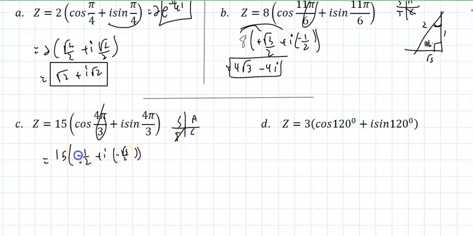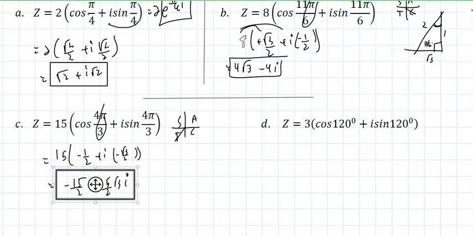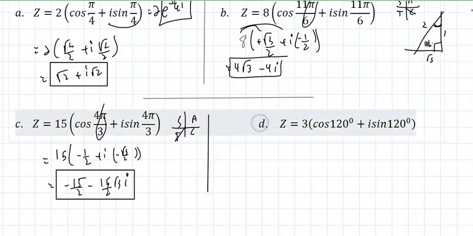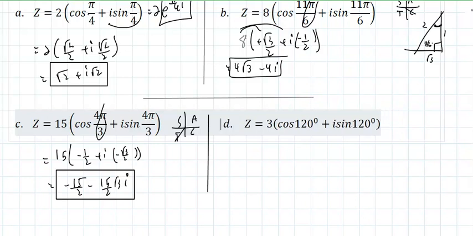They're both negative. So this is negative 15/2 minus 15/2 radical 3 i. It's a good habit to write it in the form a plus bi. Not that it matters, but it's mathematically more correct.